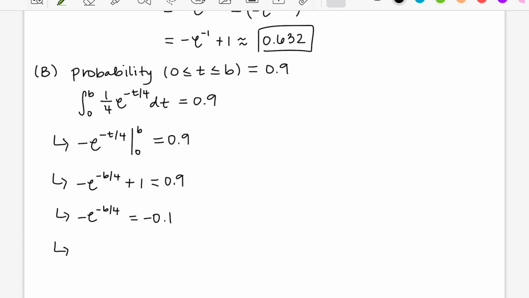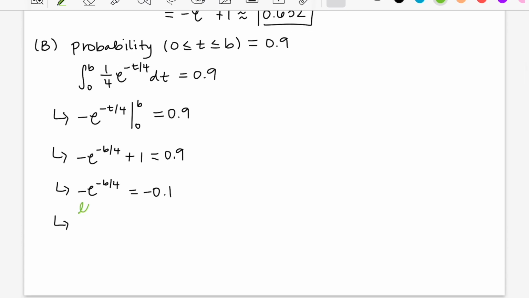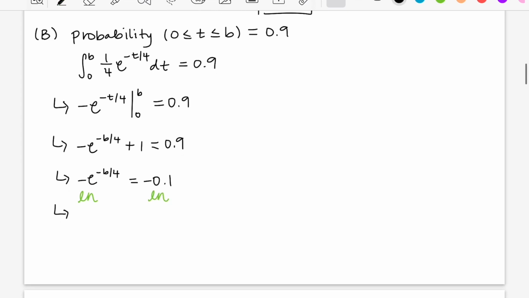So we can do so by taking the ln on both sides. Actually, the next thing I'm going to do is cancel the negatives on both sides. So we'll end up with e to the negative b over 4 is equal to positive 0.1.